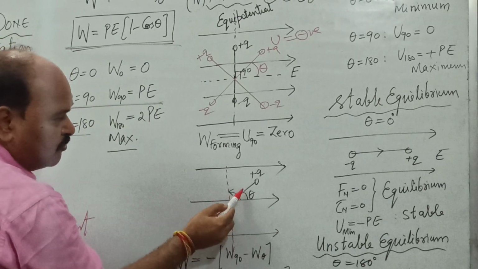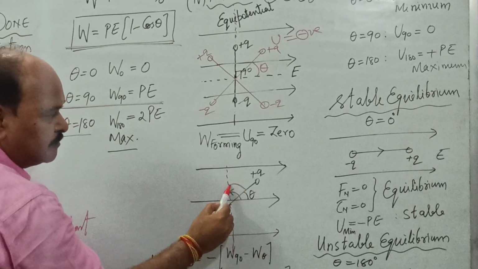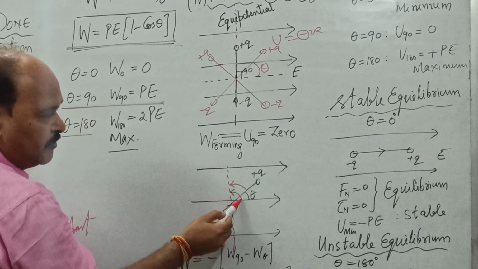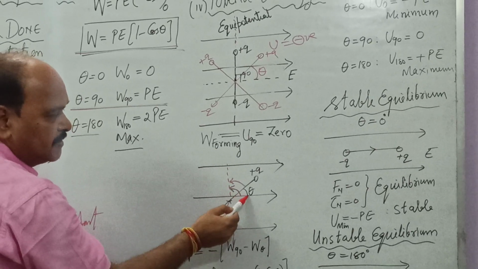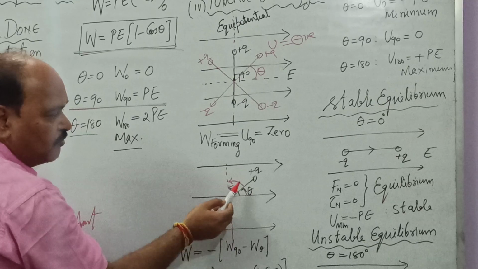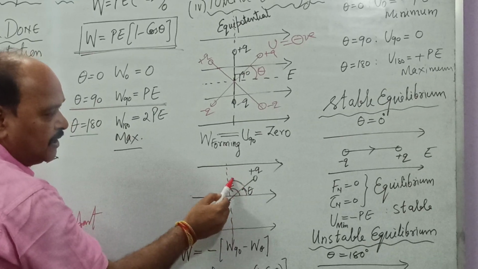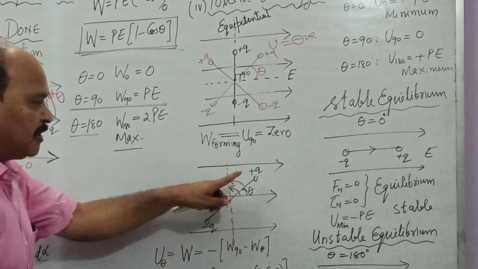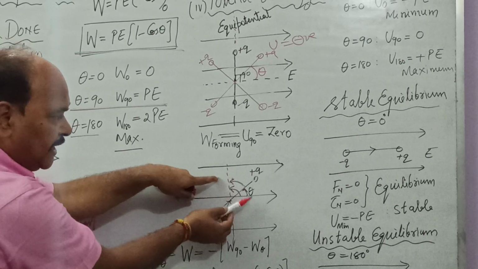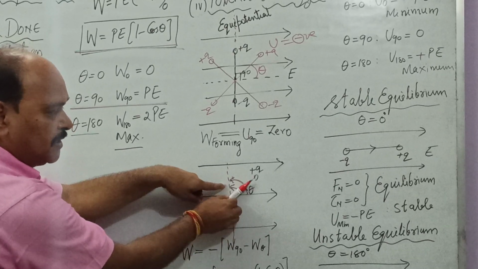So what is work done in rotating the dipole from here to here? This is W90, this is W theta. Work done in rotating the dipole from here to here would be W90 minus W theta.